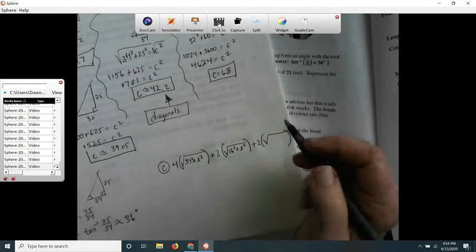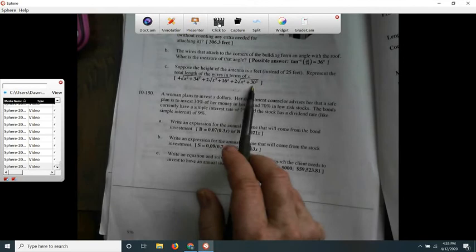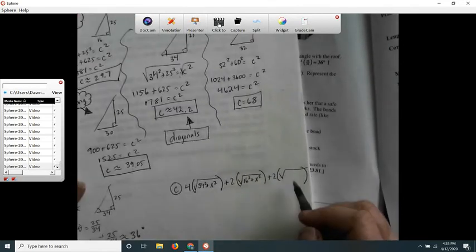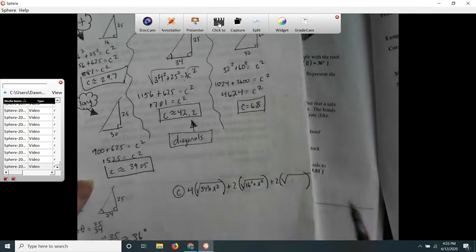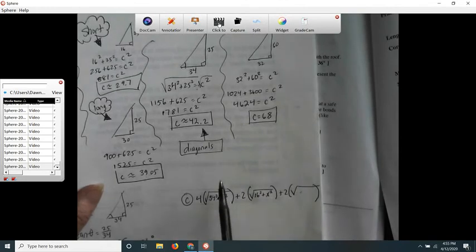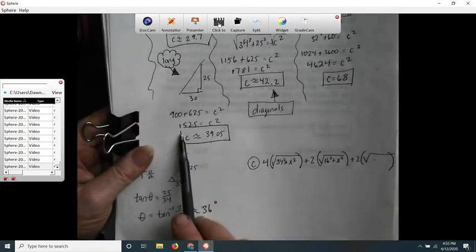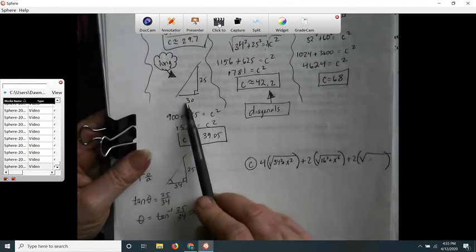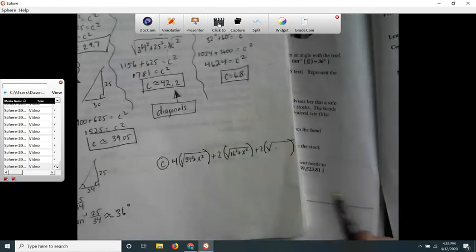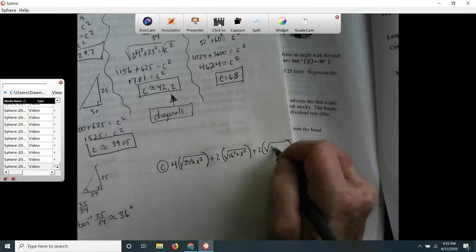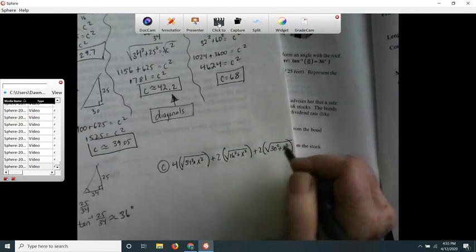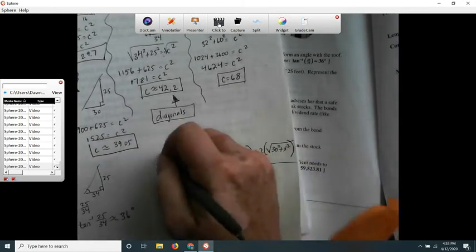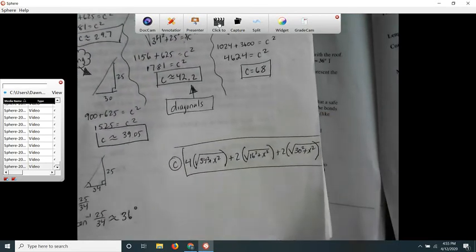I think they put their x squareds first, but it's okay. And then this one, I didn't show my work at all, would be the square root of 30 squared plus x squared. So they wanted something like that, and that's it.